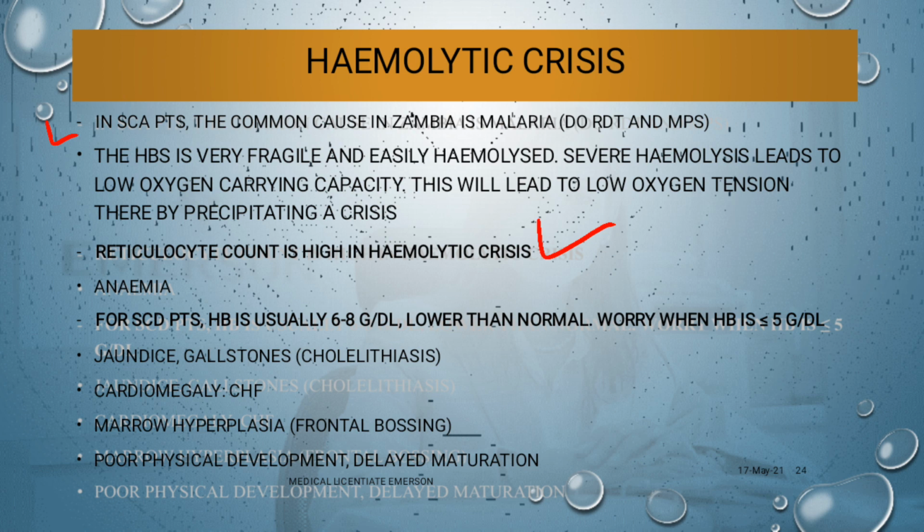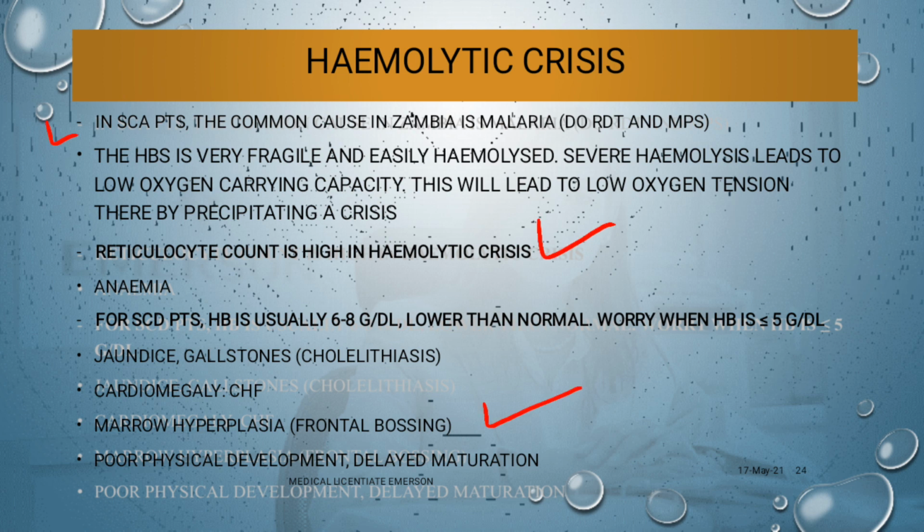You have to worry when HB is less than or equal to 5 gram per deciliter. Other things you have to notice will be jaundice and gallstones. Then someone may develop cardiomegaly, which may lead to congestive heart failure. There will also be marrow hyperplasia. So bone marrow hyperplasia may lead to frontal bossing.